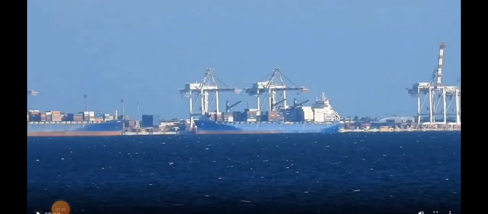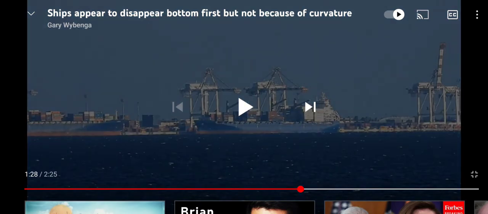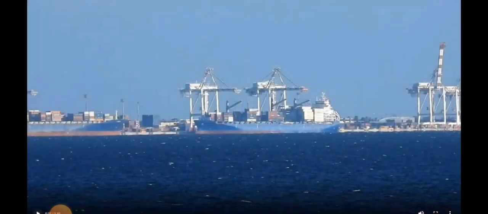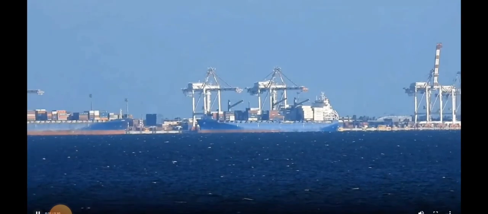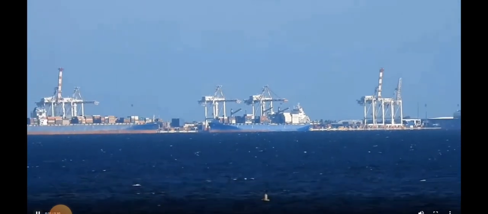Here I want you to pay attention again to the red portions at the bottom of those boats. Also pay attention to those little white strips you can see on the dock. Watch as they compress. He's going to back off the zoom. Once again, a very clear picture. Here he's backing off the zoom.